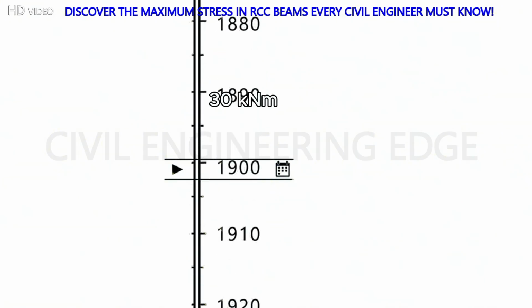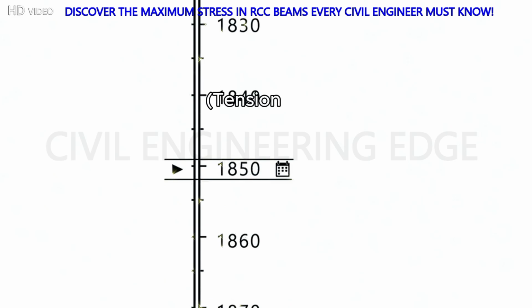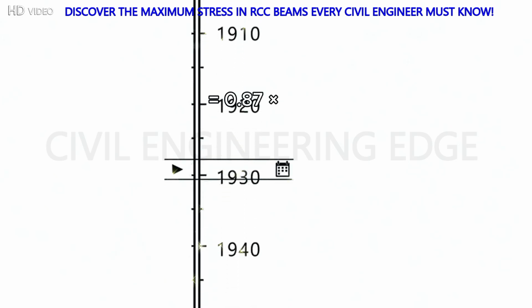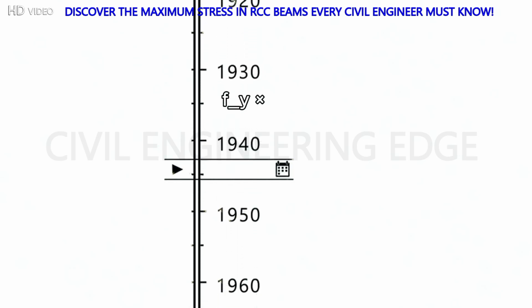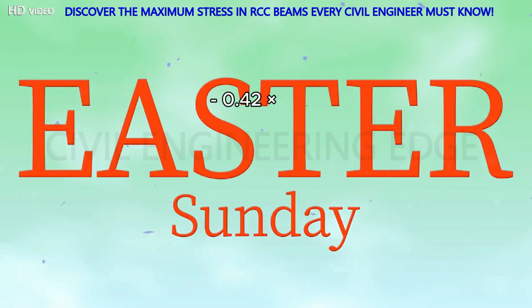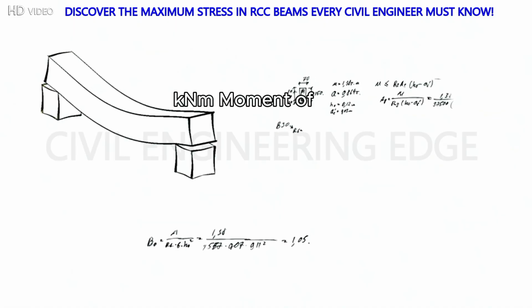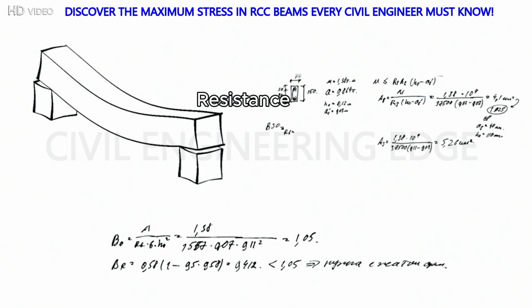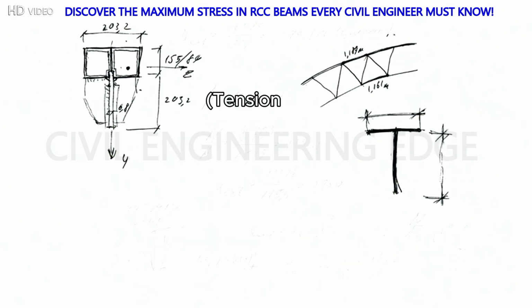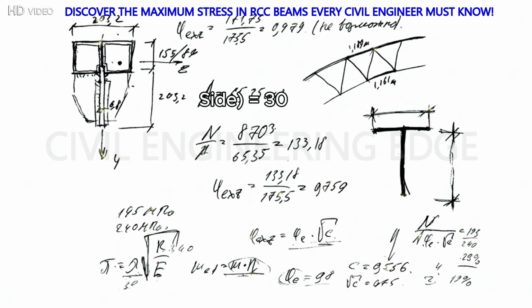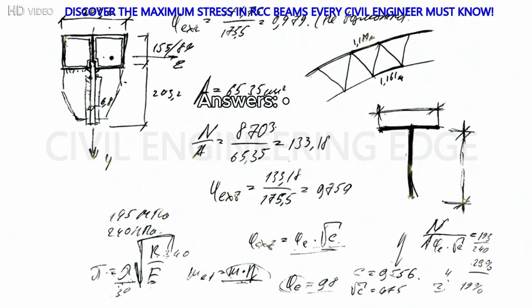Moment of resistance compression side equals 30 kNm. MR tension side, M_R,tension equals 0.87 times f_y times A_st times (d minus 0.42 times x_u) equals 0.87 times 250 times 603 times (375 minus 0.42 times 91.35) equals 30 kNm. Moment of resistance tension side equals 30 kNm.